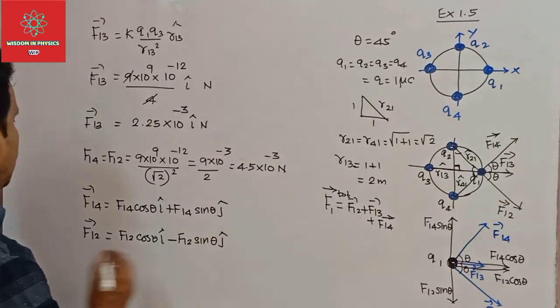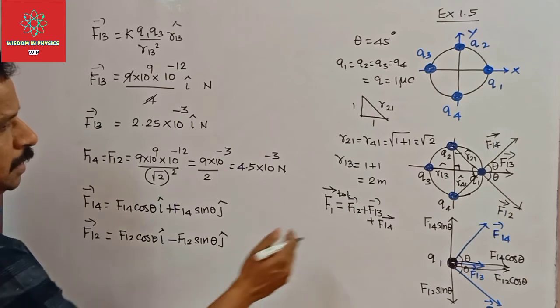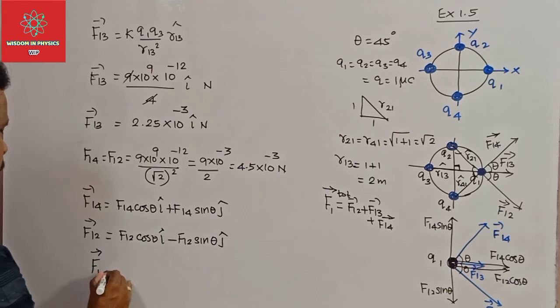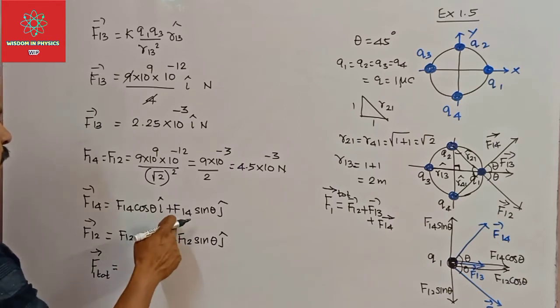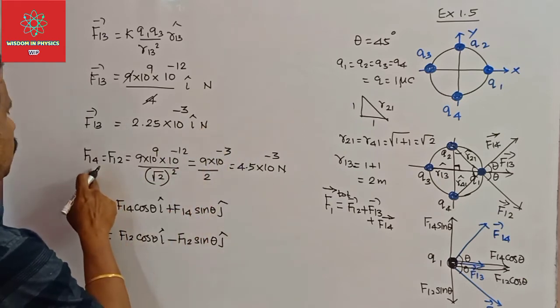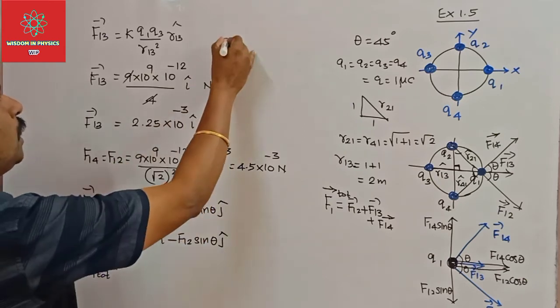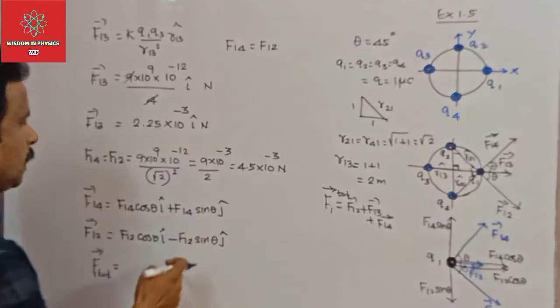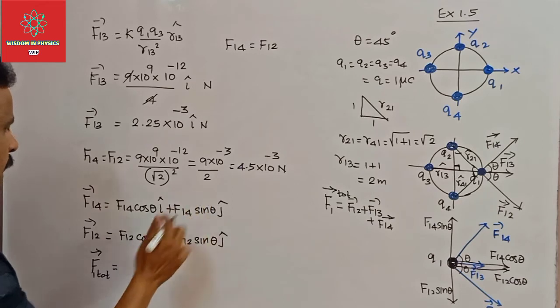So already you have another force, that is F13. Therefore the total force on the charged particle Q1, you add all the forces. When you add the two forces, F14 and F12 are equal, therefore the j components will be cancelled.